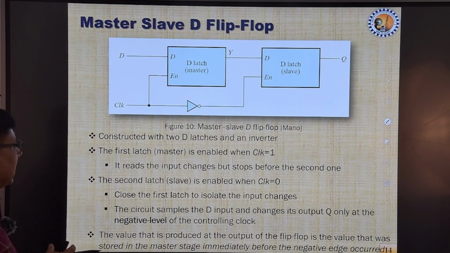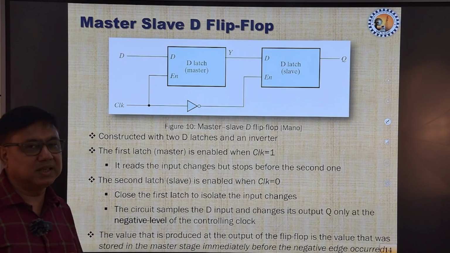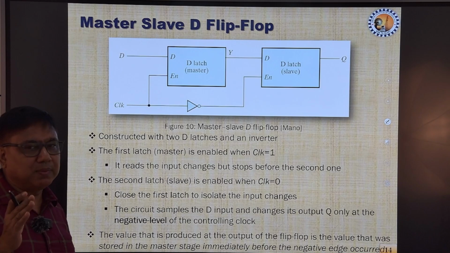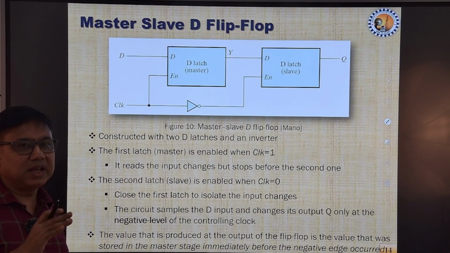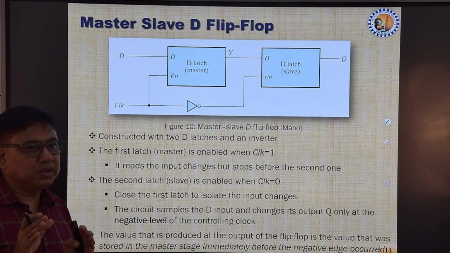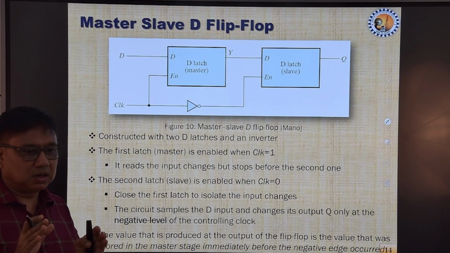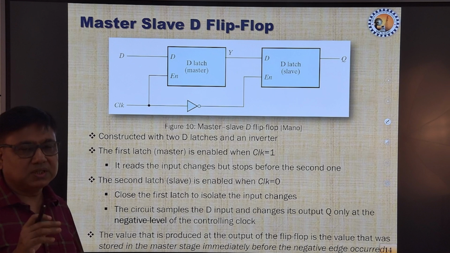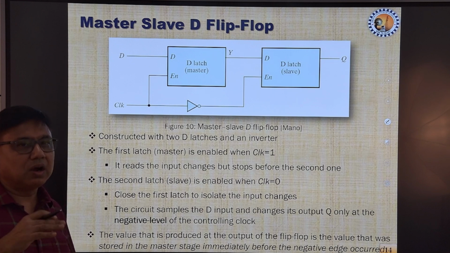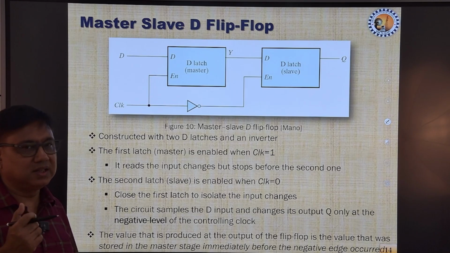Now there are certain issues in latches, because the output abruptly changes whenever there is a change in the input. Many a time the output should be synchronized with the clock signal, but since there is no provision of a clock signal in the latch, how to tackle this issue?